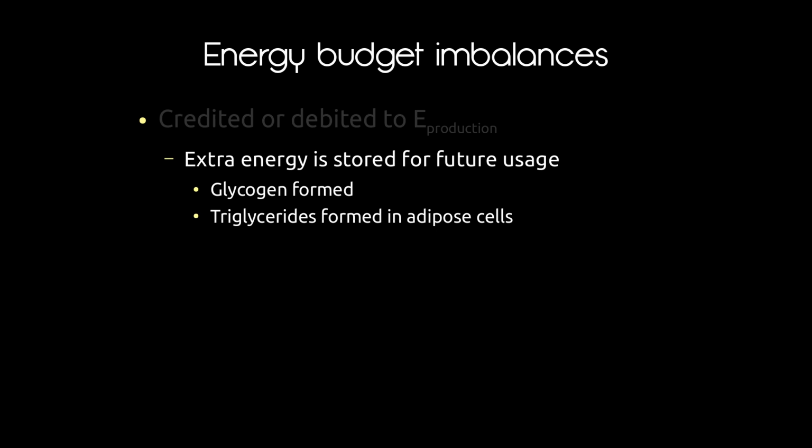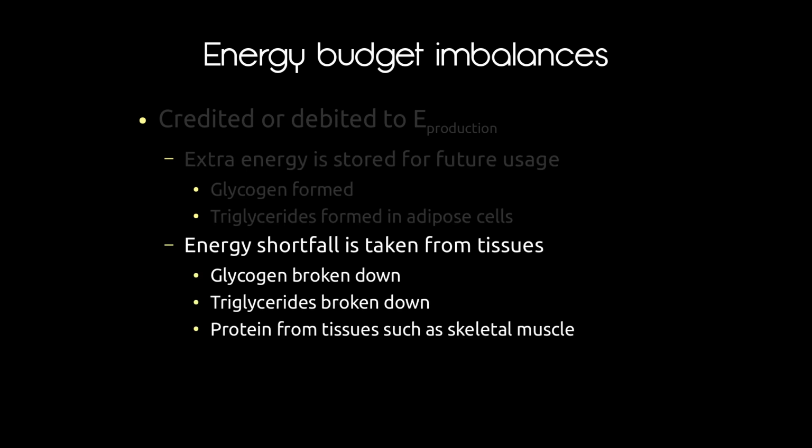Some examples of this are glycogen and triglycerides, which are one particular kind of storage fat that can be formed during times of high energy availability. When not enough energy is consumed to meet energy expenditures, these molecules can be tapped into. Glycogen and triglycerides can be broken down, and in extreme energy shortfalls, protein from skeletal muscle can be used as well.